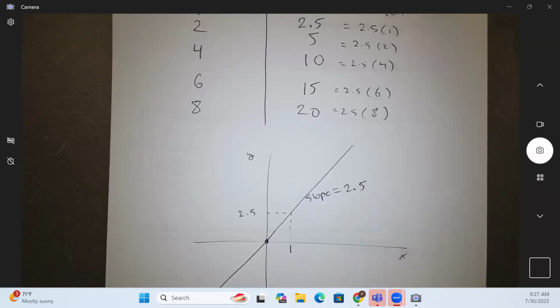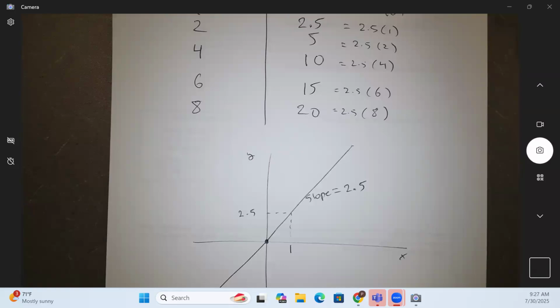So direct variation, for me, the hardest part of direct variation is it's like something really simple wrapped in a lot of fancy clothing. Honestly, all we're saying is the output is 2.5x. When we say it varies directly, it's directly proportional to the length of the hot dog, and a 4-inch hot dog takes 10 seconds to eat, that's a lot of fancy ways to say y equals 2.5x.